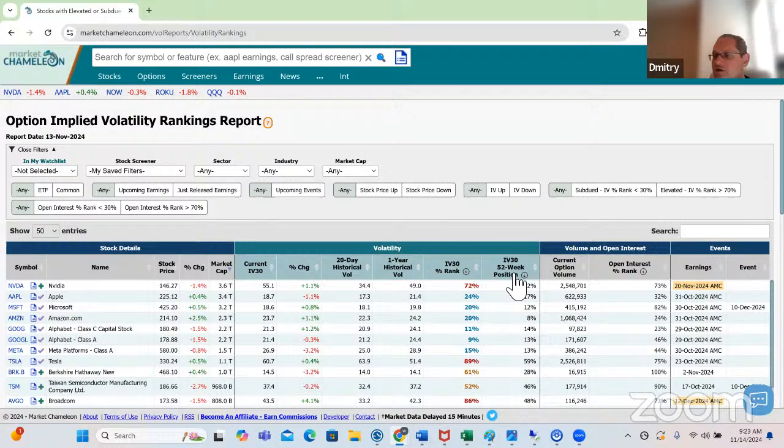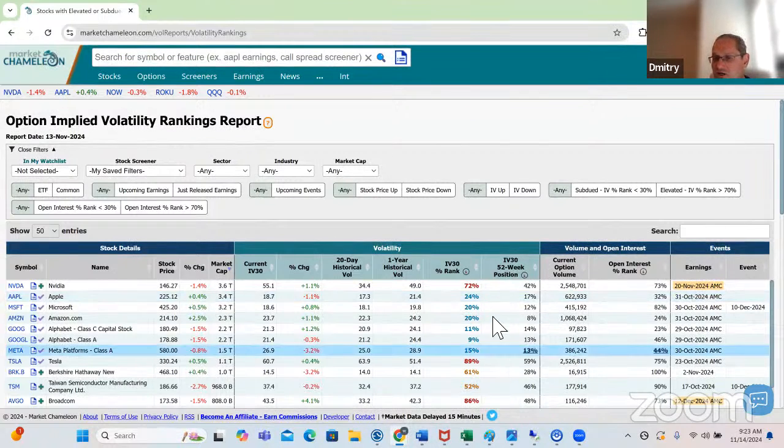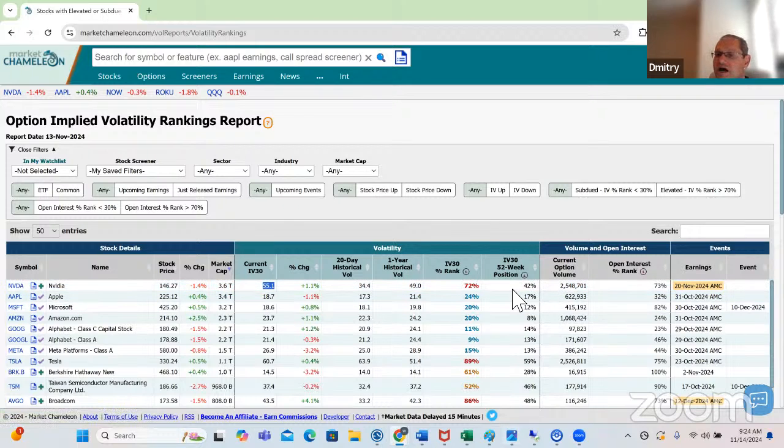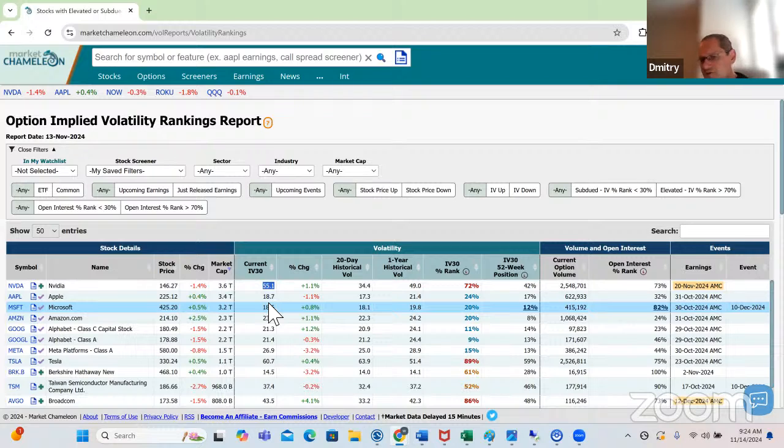It takes the lowest and highest, and based on that range, it says where the current level falls. So if the lowest was 55.1, it would be 0. If the highest was 55.1, it would be 100.